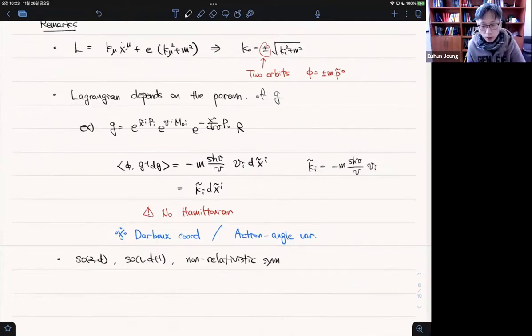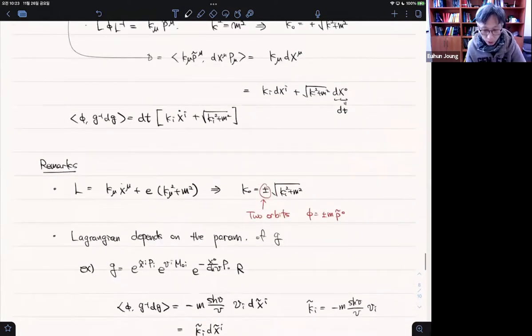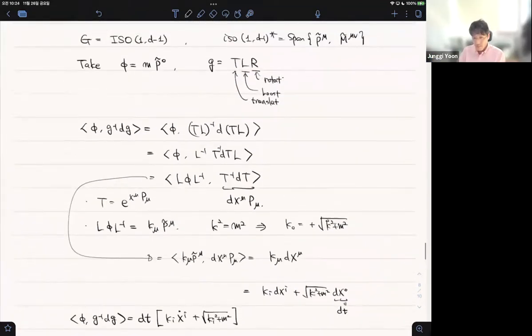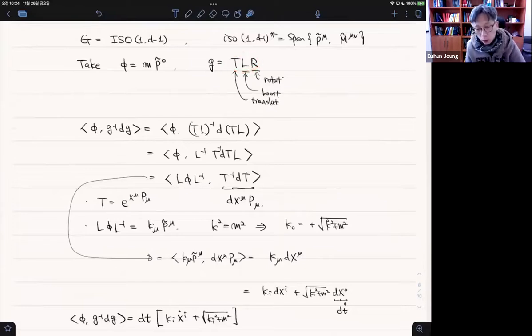The idea of nonlinear realizations is that you compute G inverse dg, but there they divide the symmetry into broken, unbroken, etc. According to that scheme, you consider some proper, useful decompositions, eventually compute G inverse dg, and then pick up one specific component.